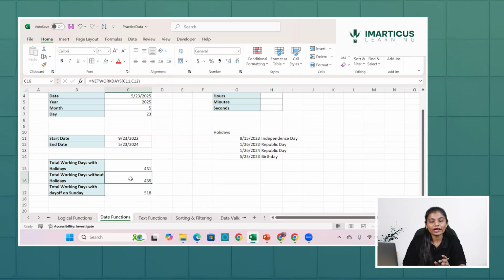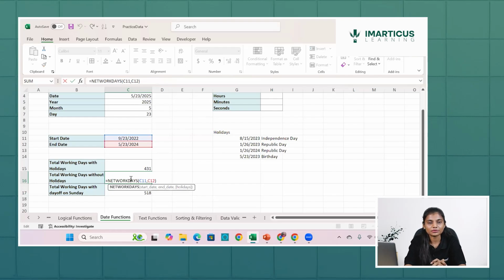When you look at NETWORKDAYS as a parameter, it excludes the Saturdays and Sundays from the start date and end date. Wherever a Saturday and Sunday was there, it was not counted. But I as an employee was working on Saturdays as well and I want those days to be counted.